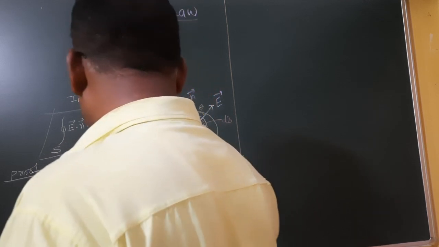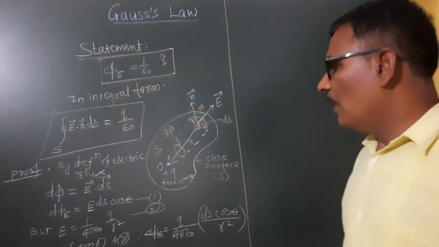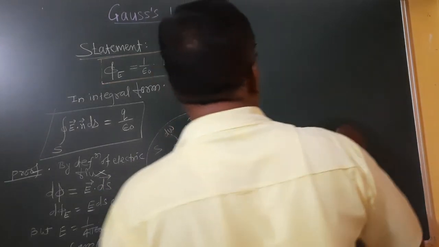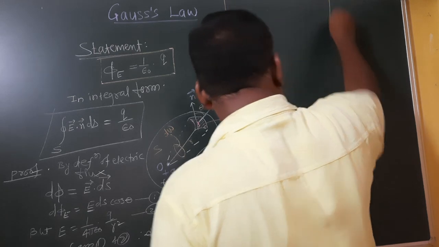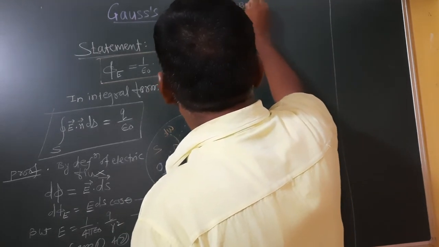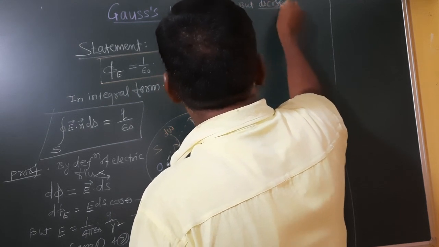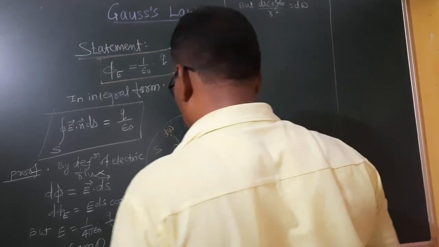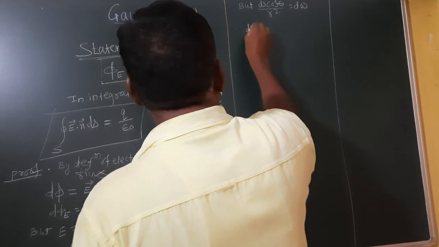Here ds cos theta upon r square is nothing but the solid angle d omega, and then we write d phi E.